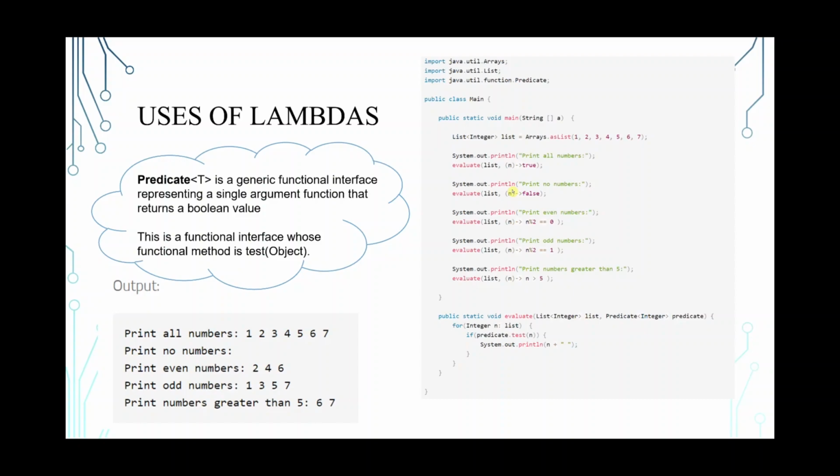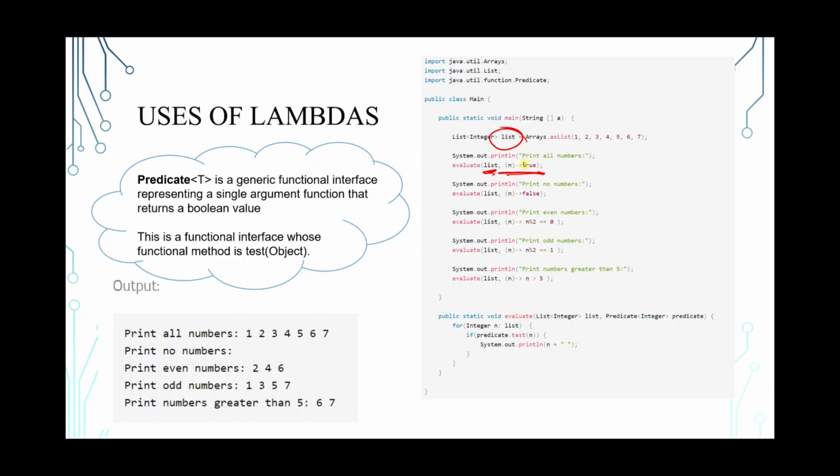For example, if you want to print every element, we are going to use an evaluate function. We are going to create a function called evaluate. We are going to give it two things. One is a list, our list, and then we are going to give it a condition.